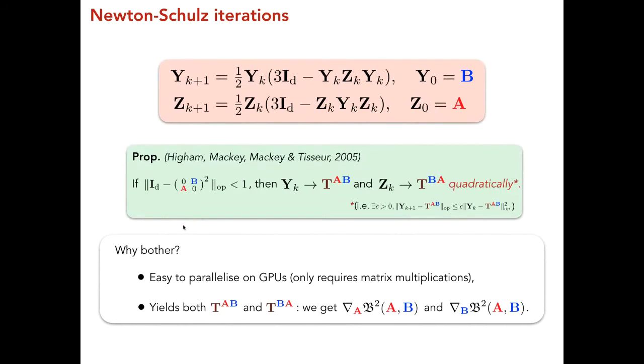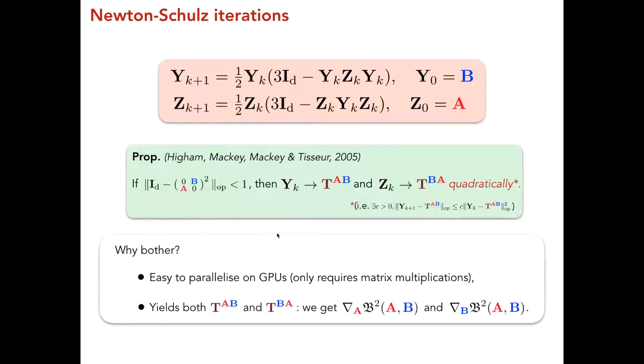So compared to singular value decomposition, they have essentially two advantages. The first one is that they're super easy to parallelize on GPUs because they require only matrix multiplications, and I can even compute distances in batches because I can do tensor products on GPUs very easily. And they yield simultaneously the Monge map from A to B and the Monge map from B to A, meaning that if we run those iterations once, we get the distance and both gradients. Okay, so this is super nice.